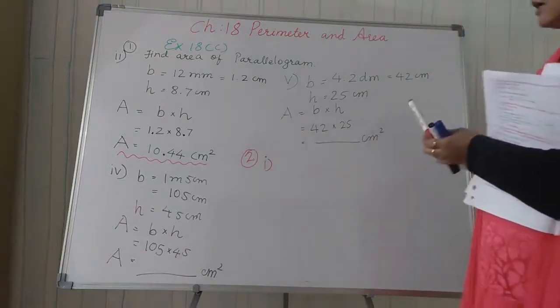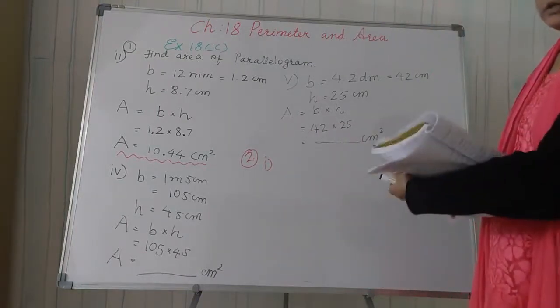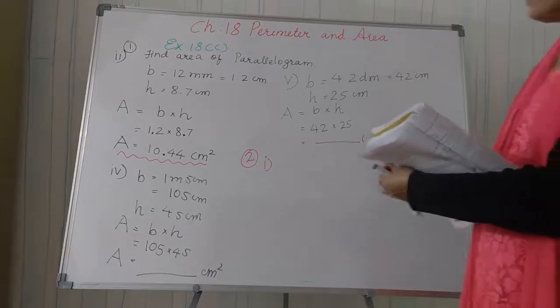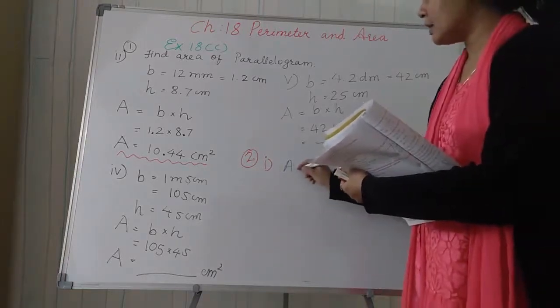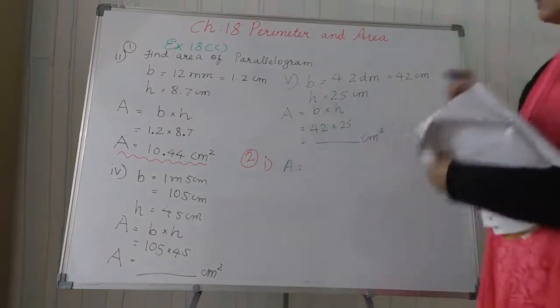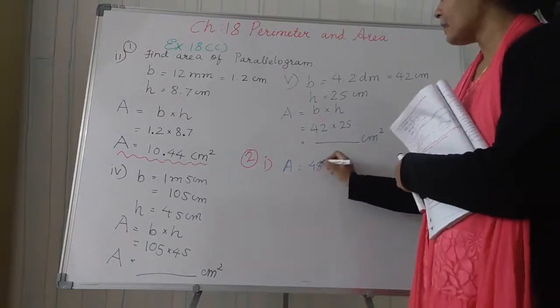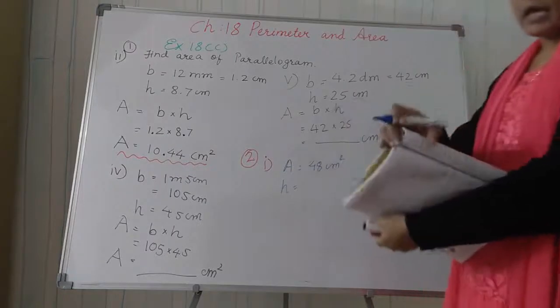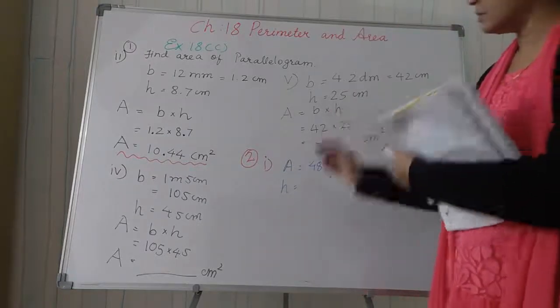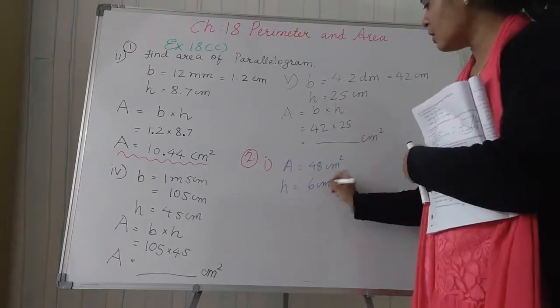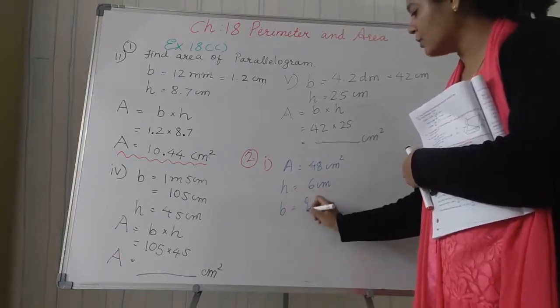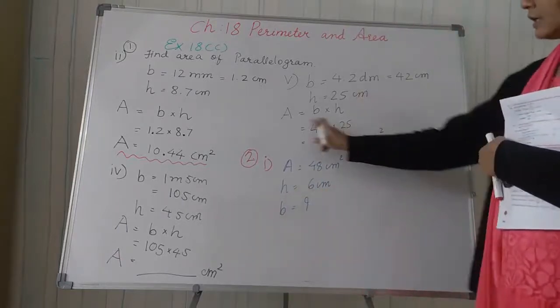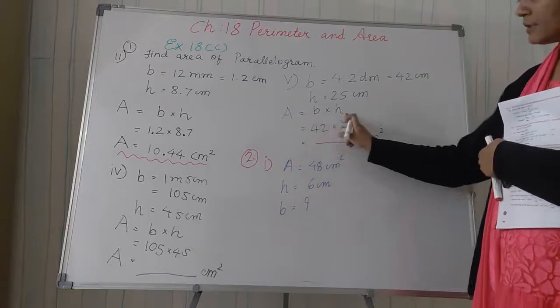So in the first one, you are given two things, that area is given to us as 48 centimeters square, and also the height is given as 6 centimeters, right? So now how much is the base? We have to calculate. So now students, you can see area is equal to base into height.